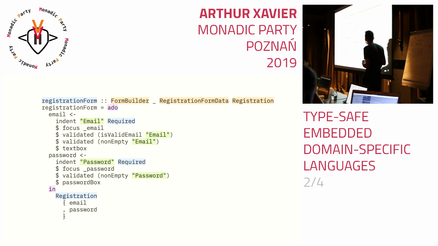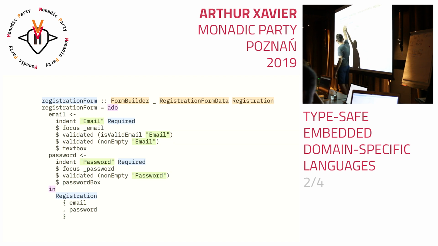It's pretty declarative, and for those who are not familiar with do notation, do notation is syntactic sugar in Haskell for sequencing monadic actions. That means we can write sequences of bindings like this, for example, where we have email and this left arrow, which basically means that we extract the value that's produced by this effectful operation, contextful operation, whatever.